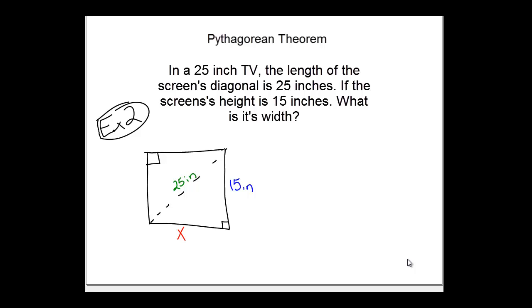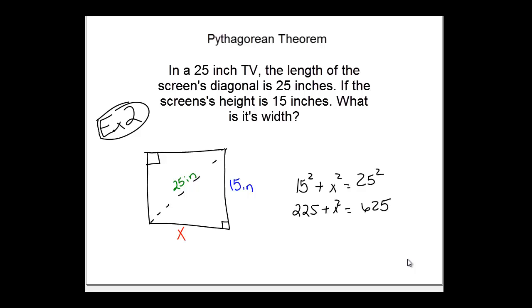So, we know that one of the legs is 15 inches, and we know that the hypotenuse is 25 inches. So, we have 15 squared plus x squared equals 25 squared. 15 squared is 225 plus x squared equals 625.